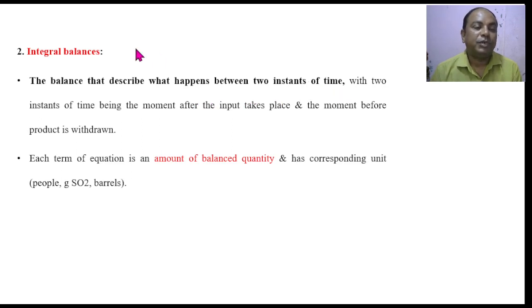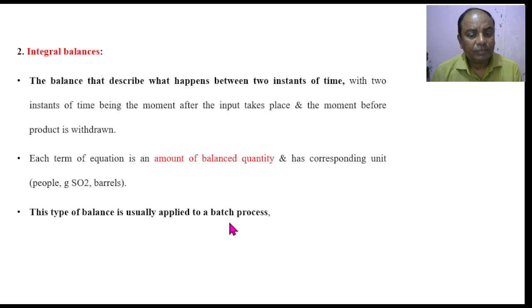So integral balances are mostly used for batch processes. Whenever there is a batch process, you know that the material enters into the system, the mass gets transferred into the system initially, it remains in the system for a while, it undergoes certain processes and it moves from one state to another state.